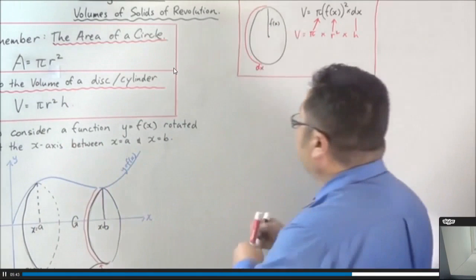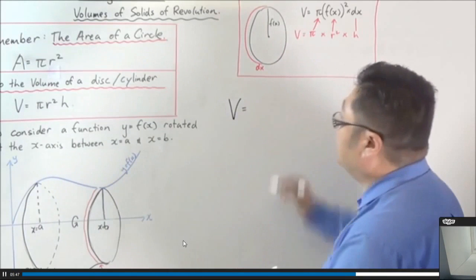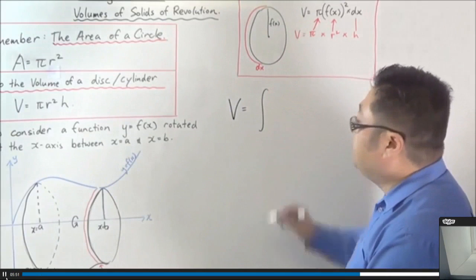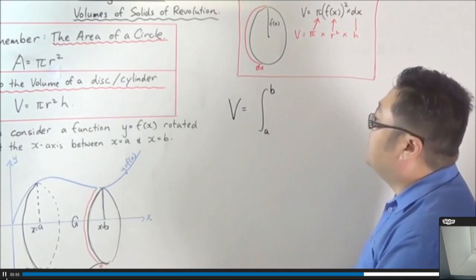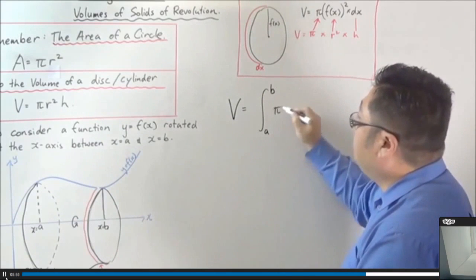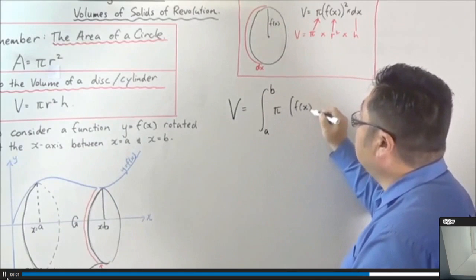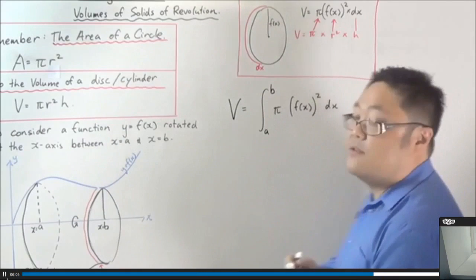And so the volume would be equal to the sum, the integral sign means sum, from A to B of pi f of x squared dx. Right?